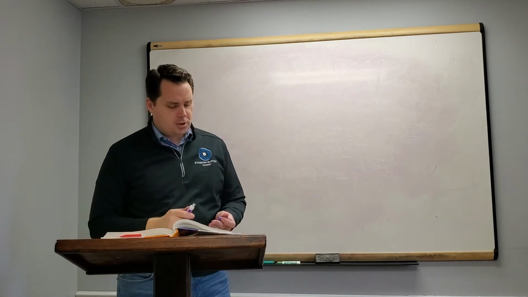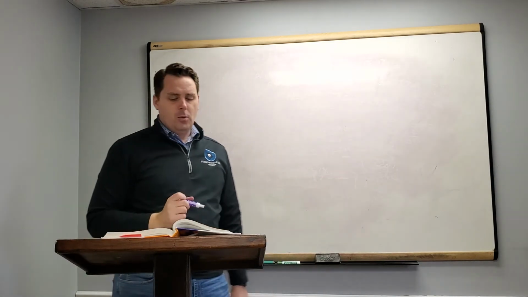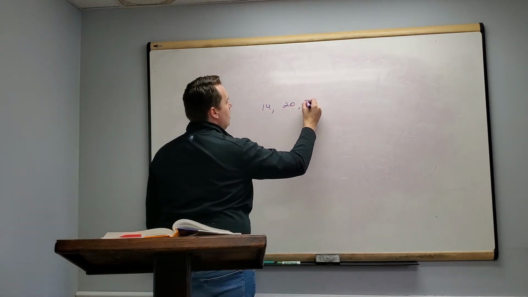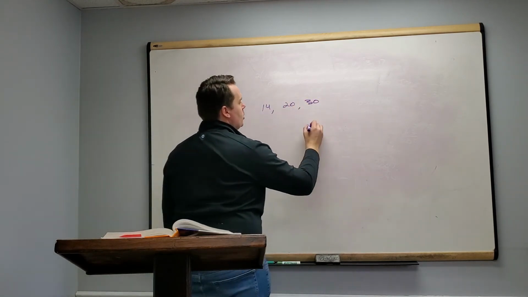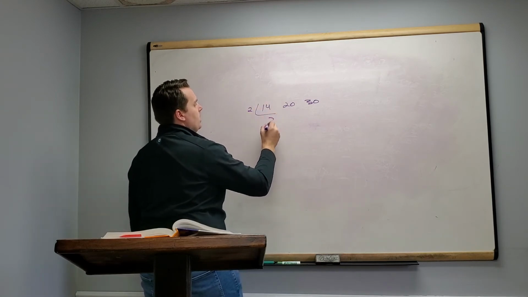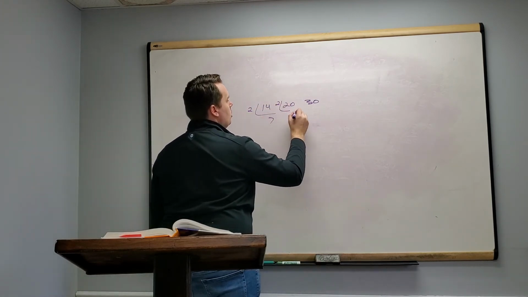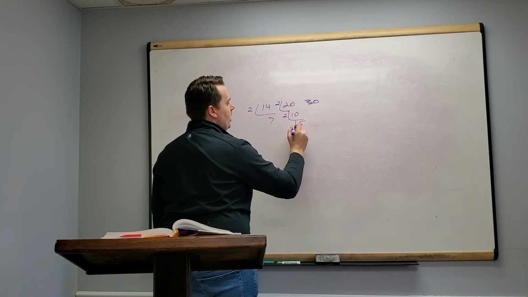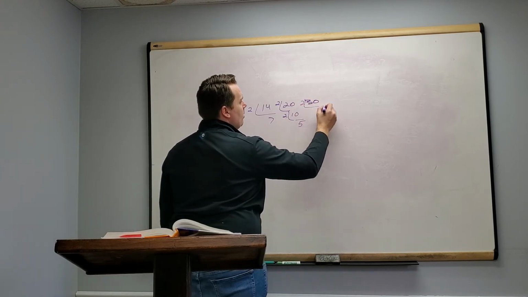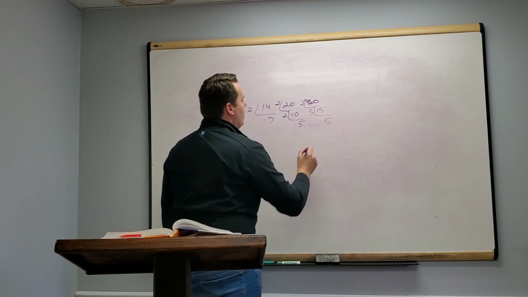Okay, you should have already finished your practice problems. Take a look at them. 14, 20, and 30. So 14 is 2 and 7. 20 is 2, 10, 2, 5, and 5's prime. 30 is 2, 15, 3, and 5.